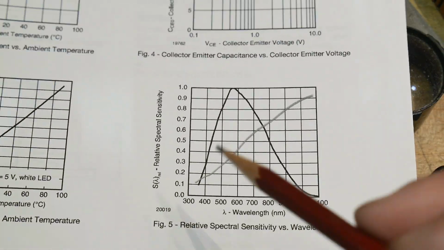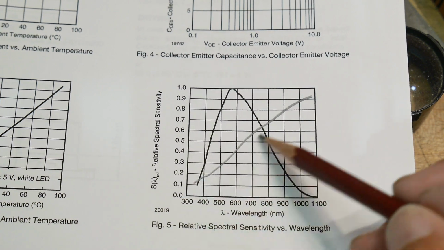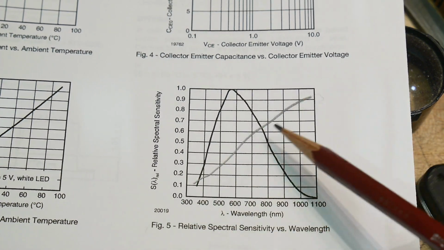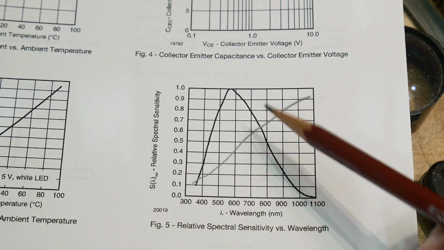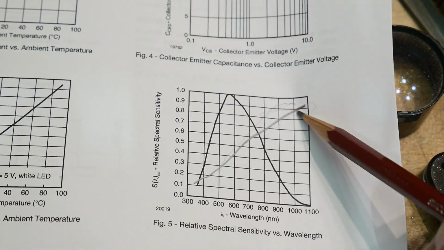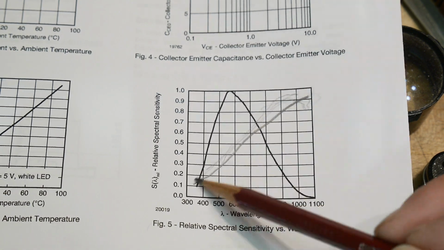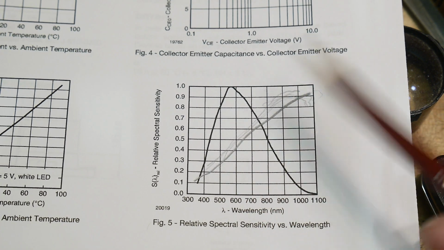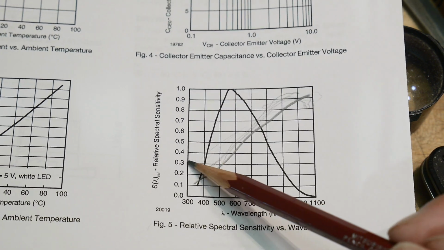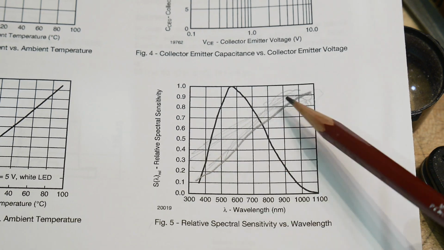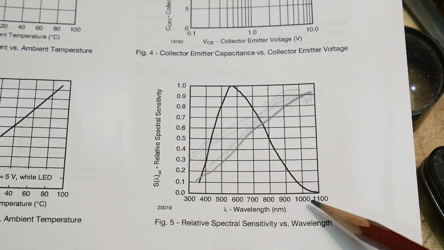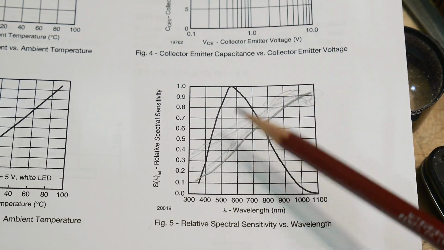Okay. Silicon normally would look like this. It would go up. It would peak maybe around 900. It might come up something like this, right? But it's way down here, and it's something like that. Now this one has this distinctive peak. It goes up and then down. Why did they do that?